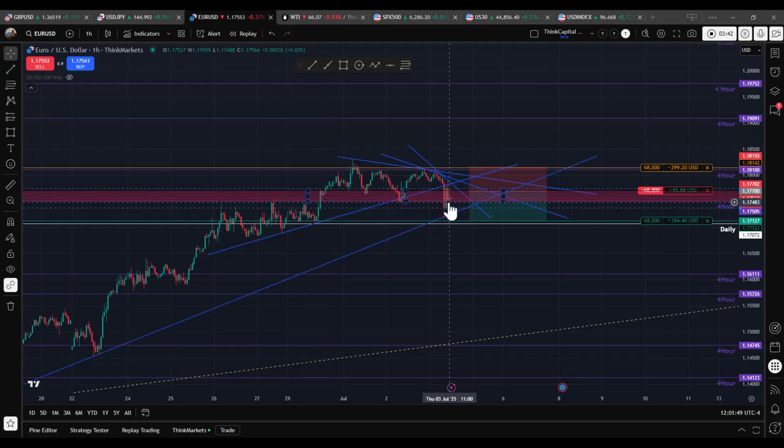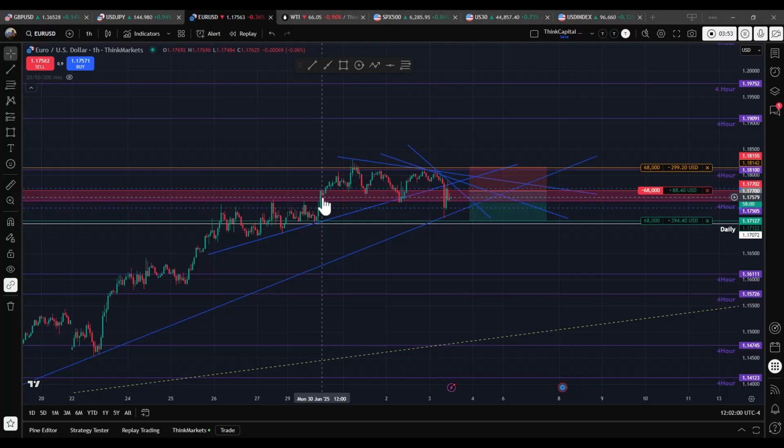So as you can see, we have this red 1 hour candle that just formed exactly in front of the red one. So that basically means that this demand zone is turning into a supply.